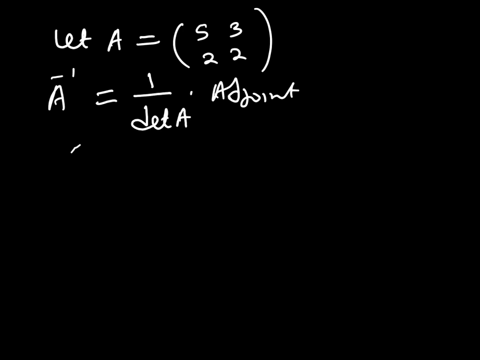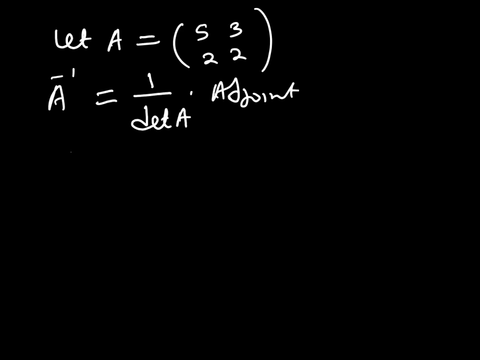And how do we get the adjoint of the matrix? To find the adjoint of a matrix, you interchange the elements on the principal diagonal, and then for the elements on the secondary diagonal, you change their signs.